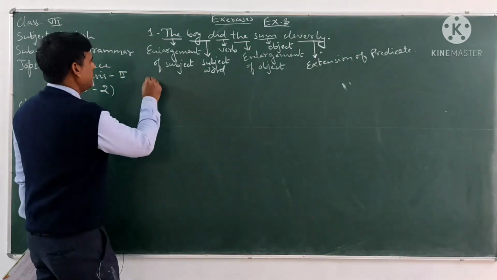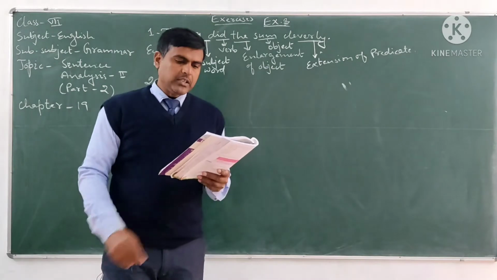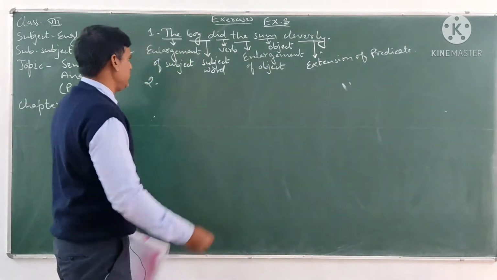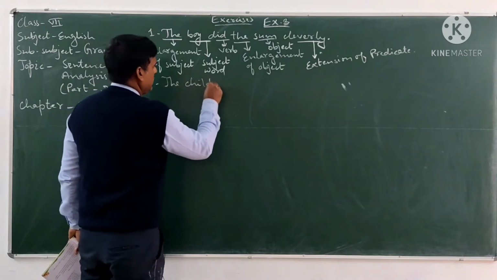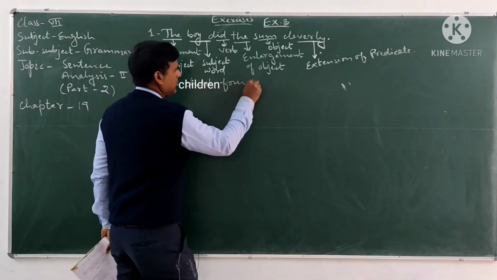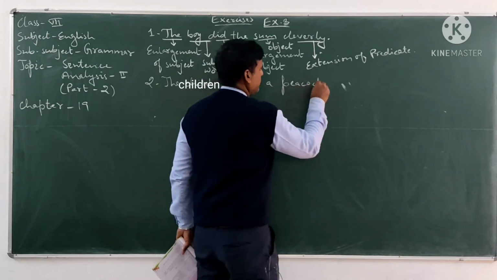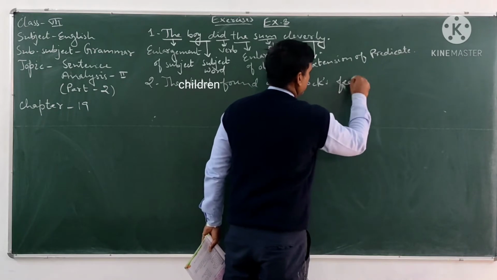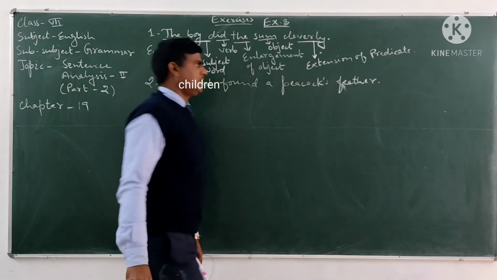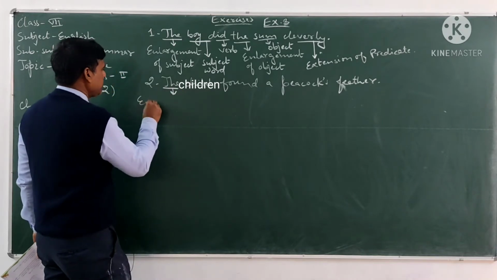Now see sentence number 2. Sentence number 2 is, the children found a peacock's feather. In this sentence, the is the enlargement of subject.